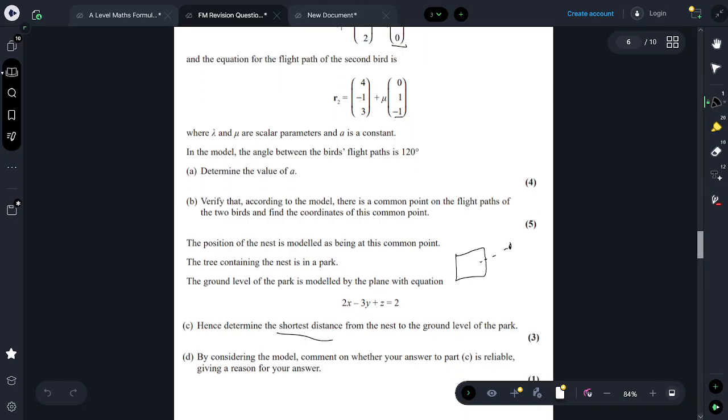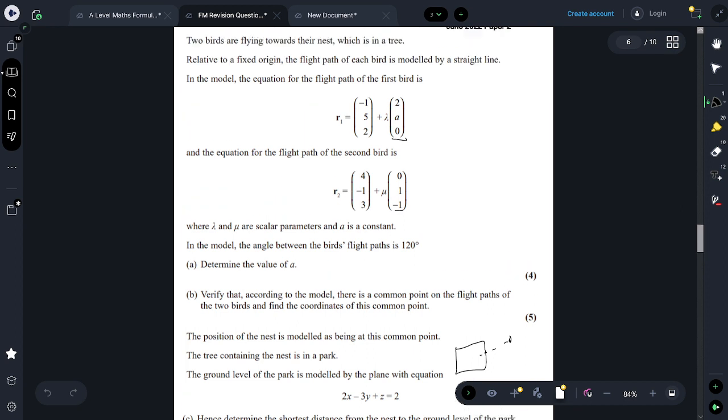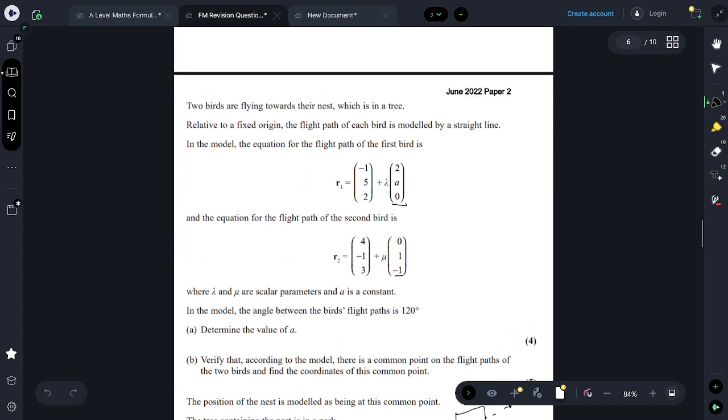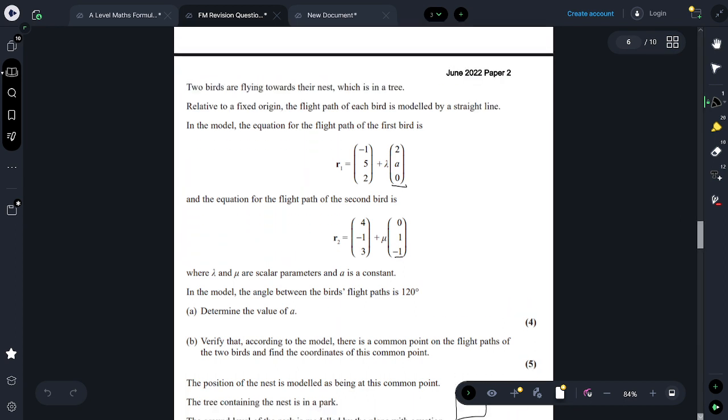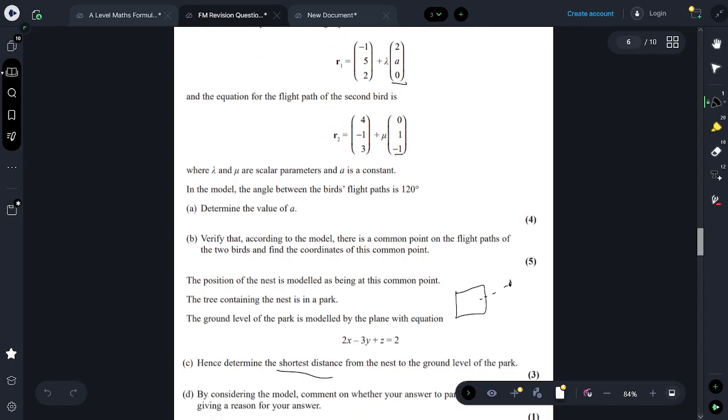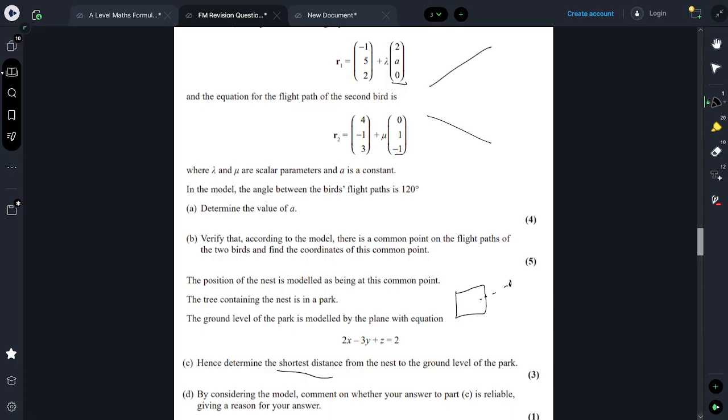Then it says for part D, by considering the model, find a limitation of the model. This whole limitation reasoning stuff again that they like to ask. Well, essentially it's saying that these birds are in a straight line path constantly, and that the angle when they do cross is 120.